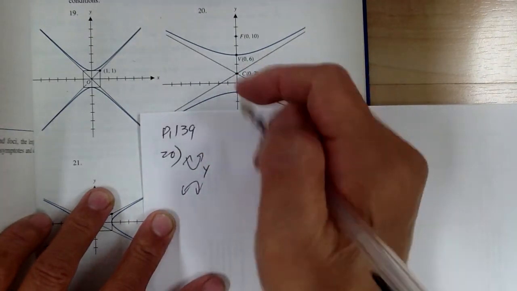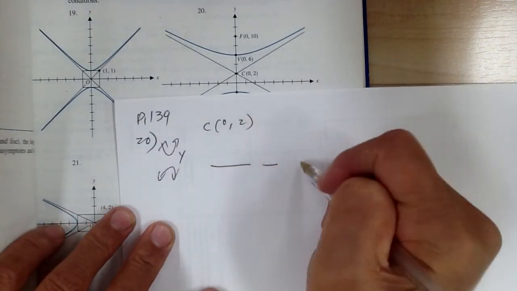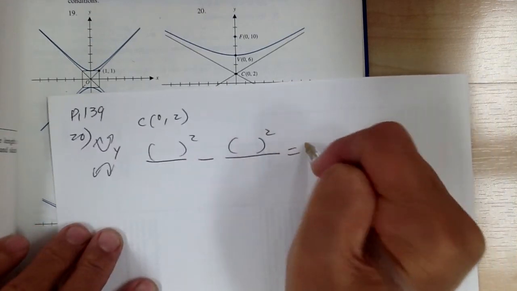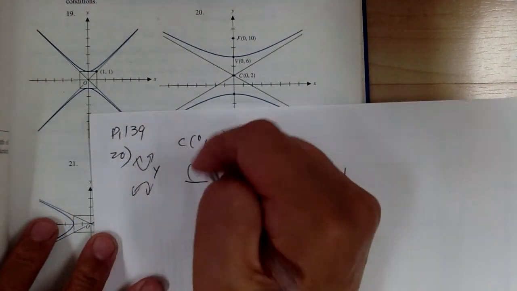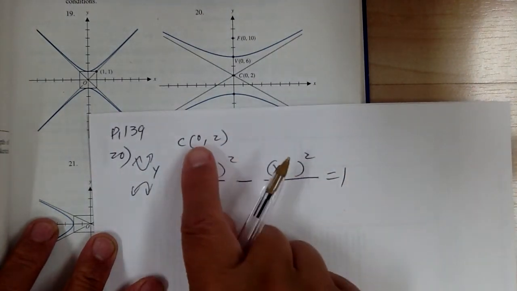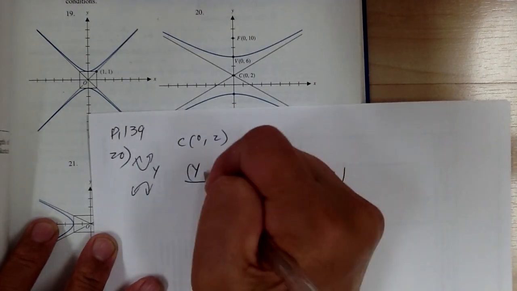And the center is at 0, comma 2, right? So right away, go and get your template ready first. So get your template. Okay, so this is going to be in the y direction, so y goes first, and that means x will go over here. And the center is at 0, 2, so what your x and the y would be minus 0, minus 2.